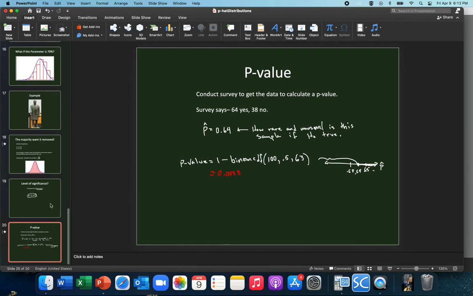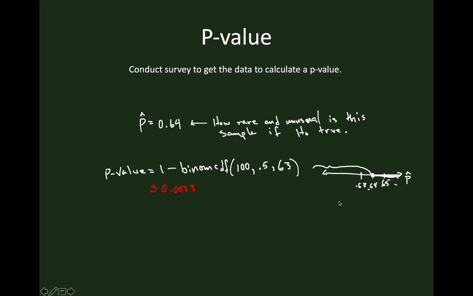It's looking for a blank screen here. All right, so now we can use a built-in hypothesis test on the calculator. It's called one prop z test. And this is on the TI calculator.